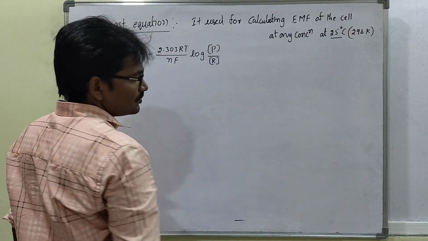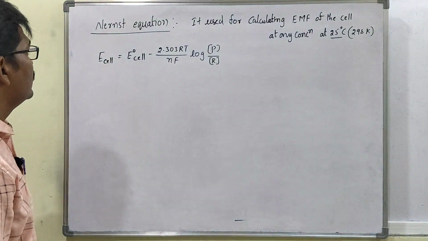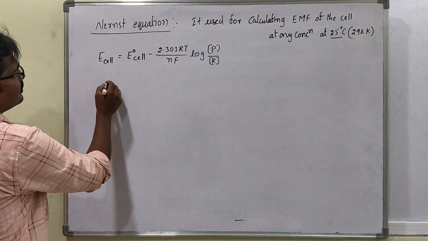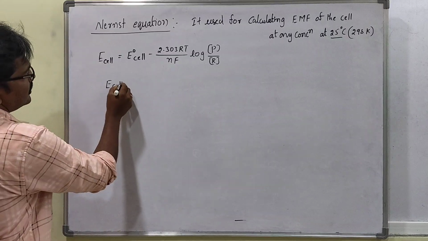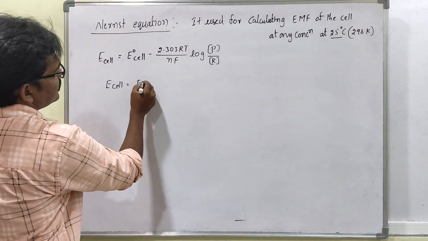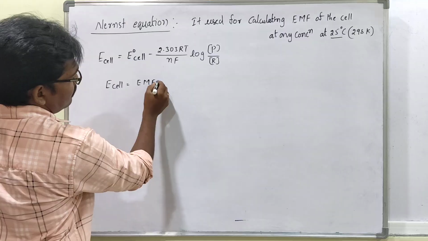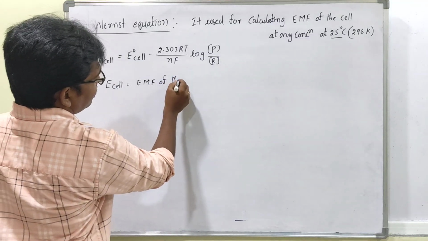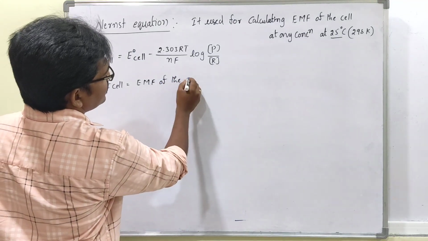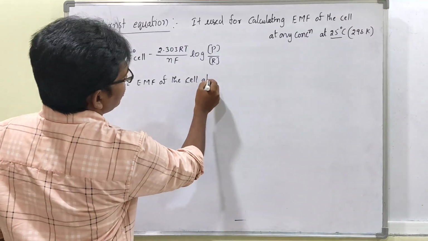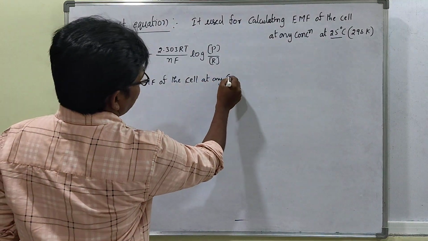This is the formula. So here E cell is nothing but the EMF of the cell at any concentration.